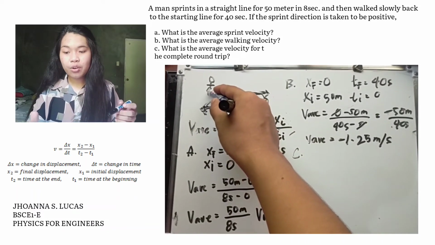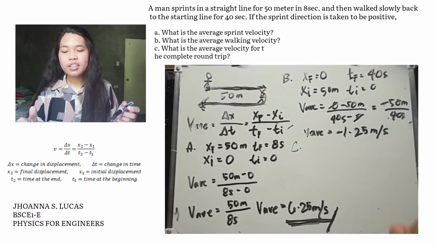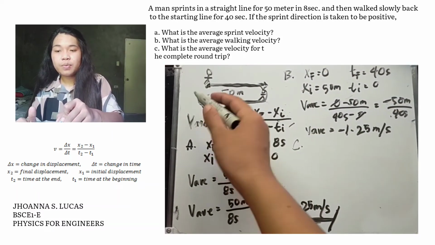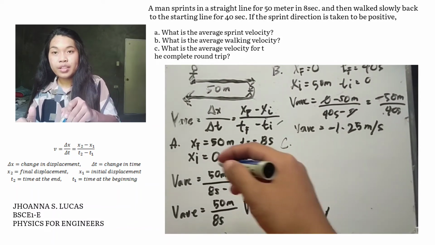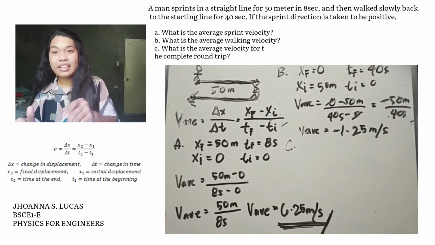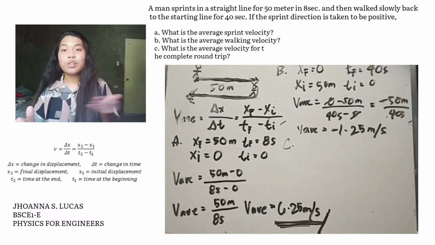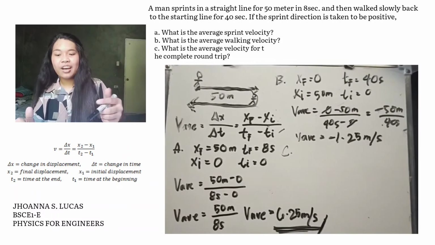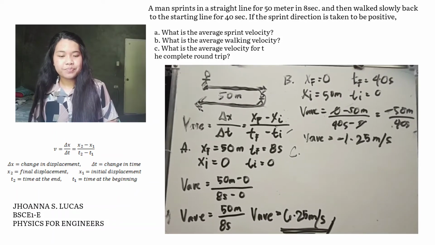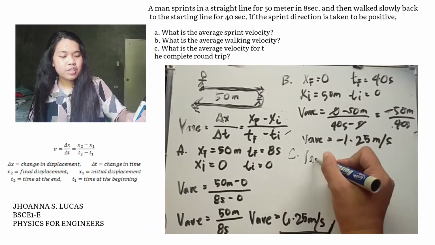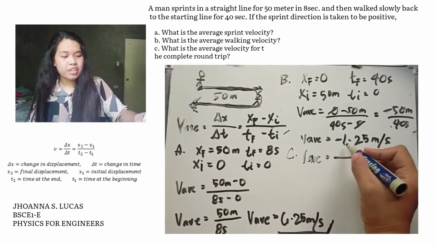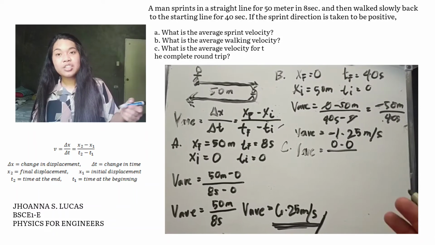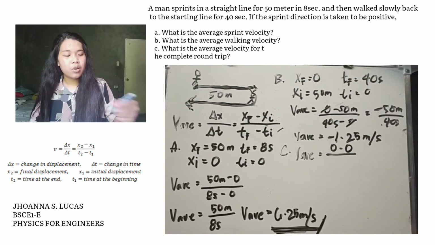He started at the origin when he sprinted and stopped at the origin when he walked back. So our final position is 0 and our initial position is 0.